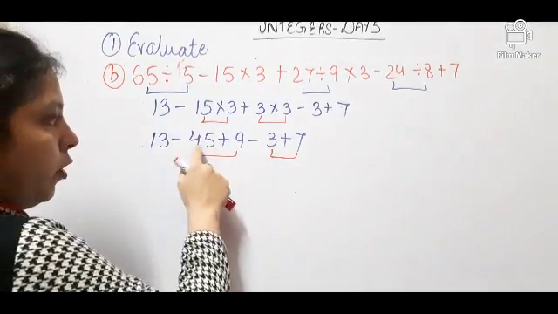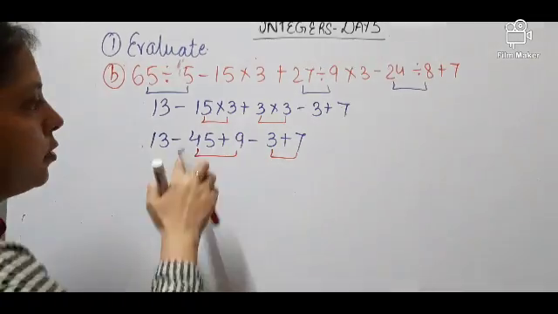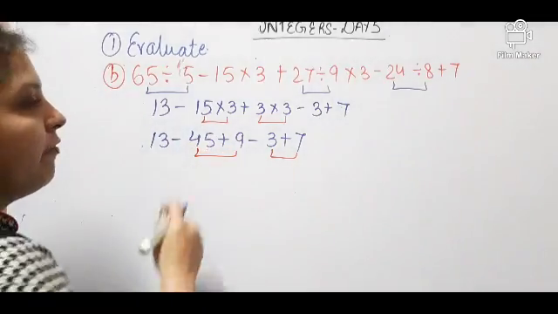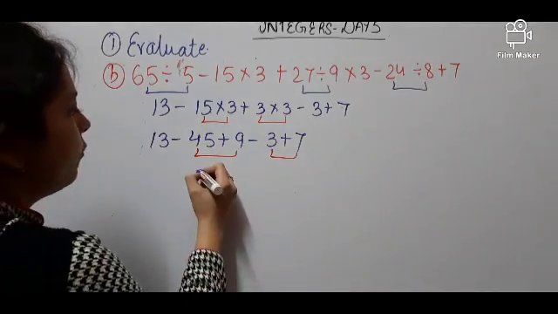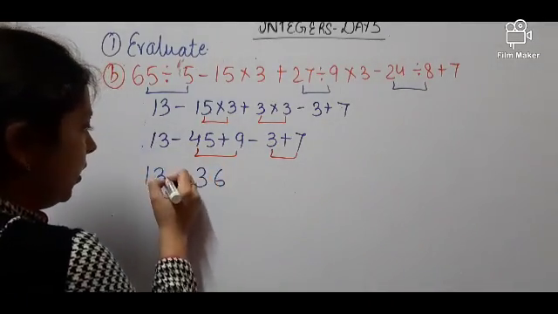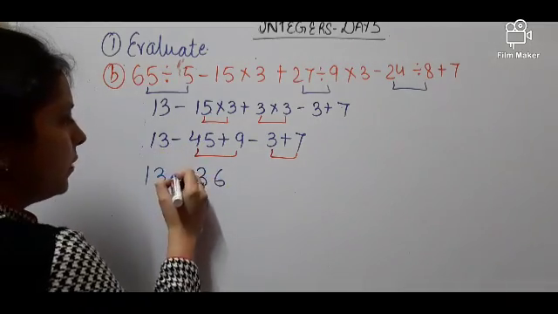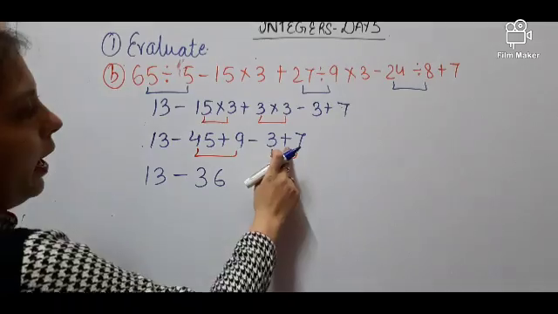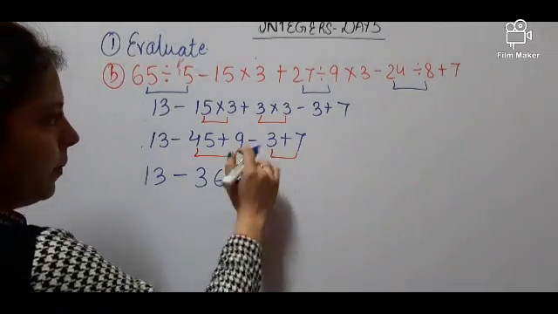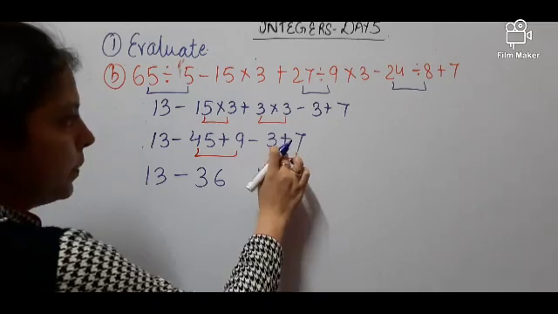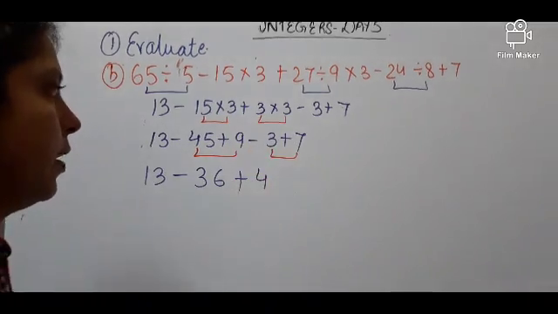As 45 is preceded by a negative sign, plus minus is minus. So 45 minus 9 will give you 36. Then 13, and the big number is preceded by a negative sign, so the negative sign will be here, and plus minus minus, 7 minus 3 is 4, and the big number is preceded by a positive sign, so the positive sign will be here.